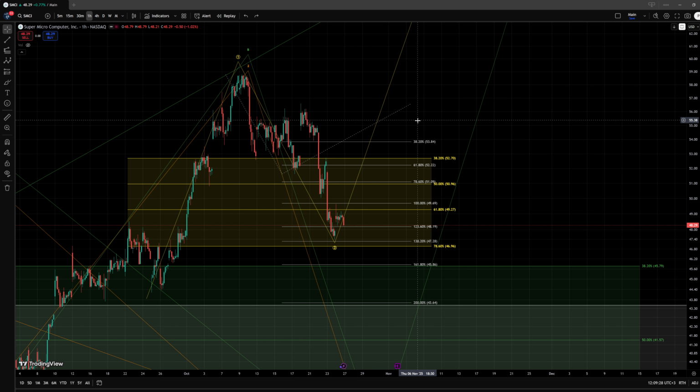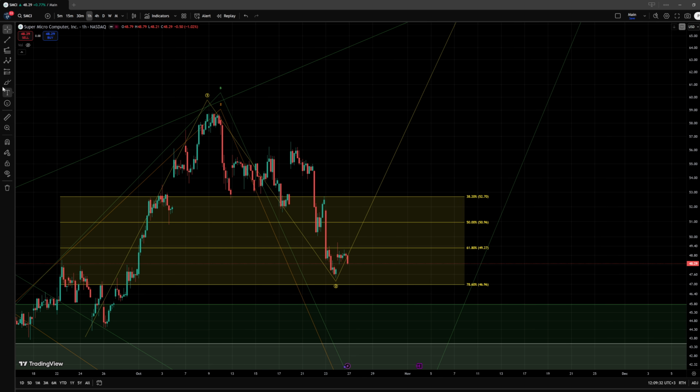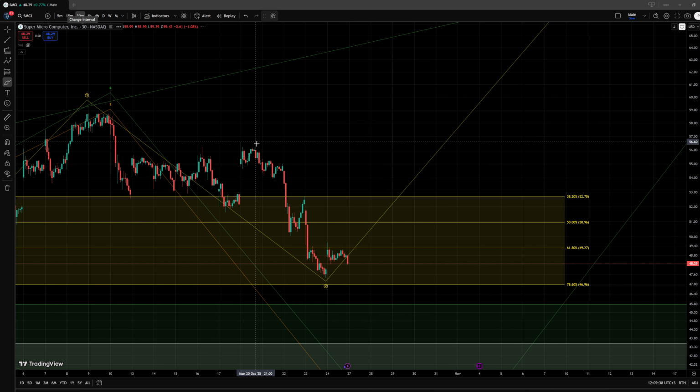Now, I wouldn't necessarily bet on this being a third wave down, unless we would be tracking an overall diagonal structure to the downside. But in this structure, I do believe it does look better with it being an ending diagonal. So I am exploring the idea of something like an ABC pattern in this area.